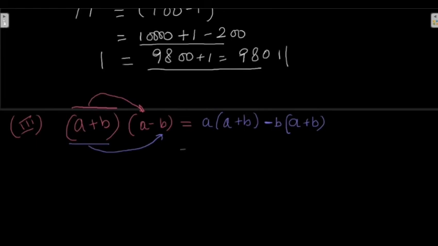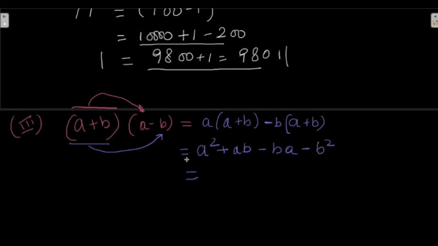we get a times a, which is a square, then a times b. Now this is minus b times a, and minus b times b, which is minus b square.